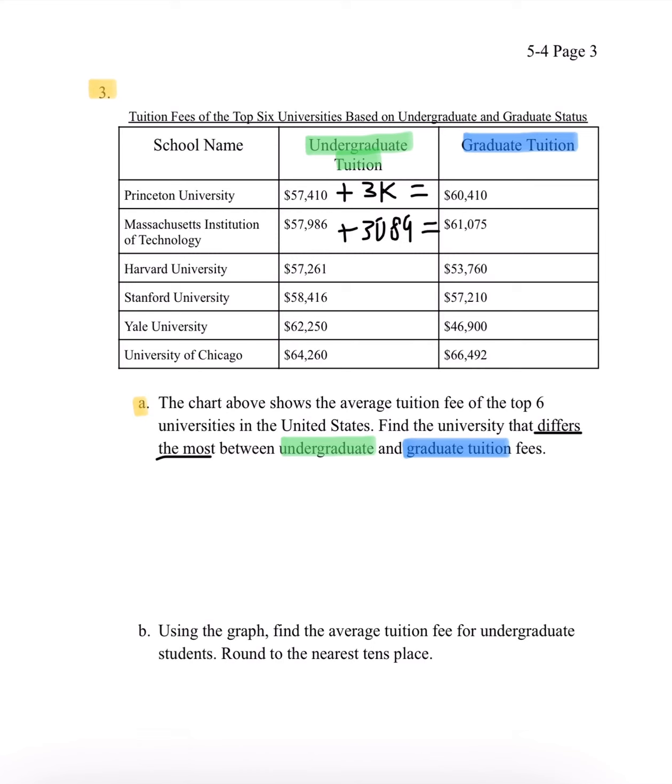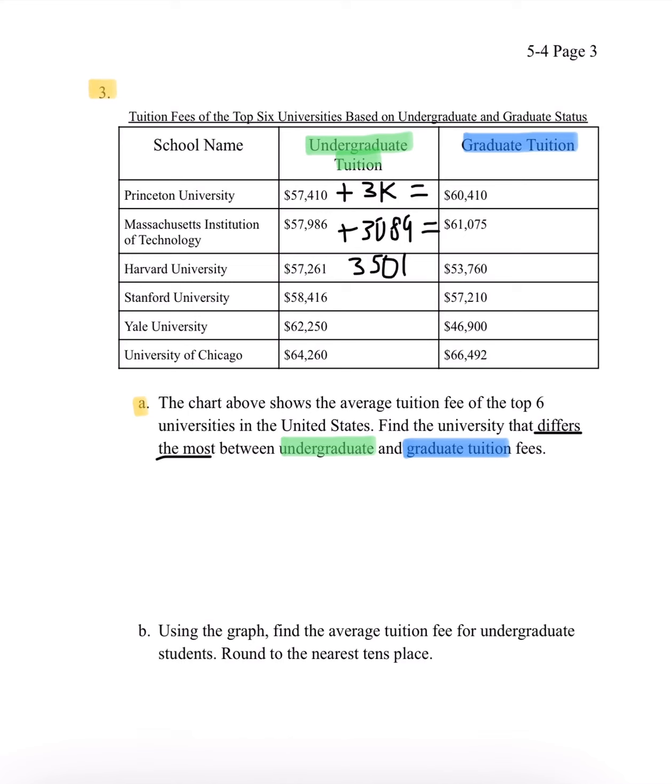Harvard now, undergraduate is $57,261. And graduate is $53,760. So we could see that undergraduate is much greater. So if we subtract them, we get 3,501.